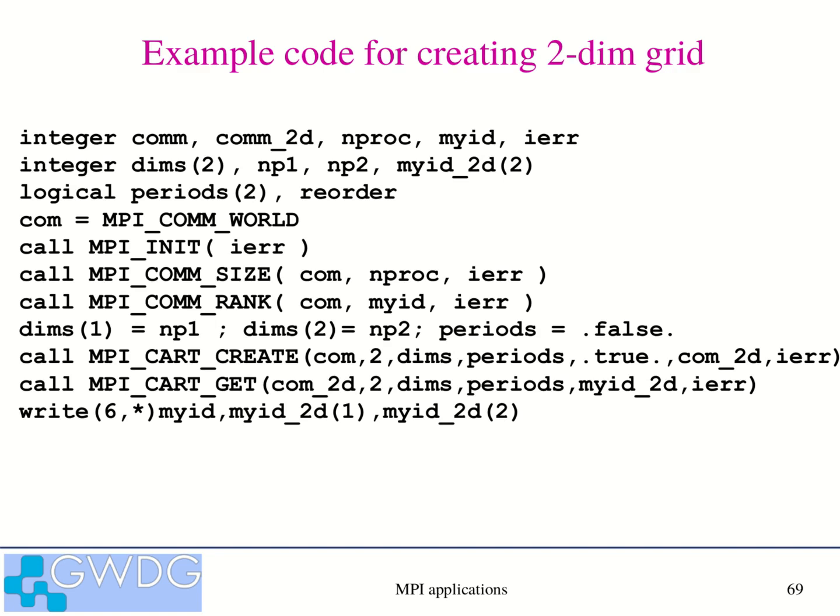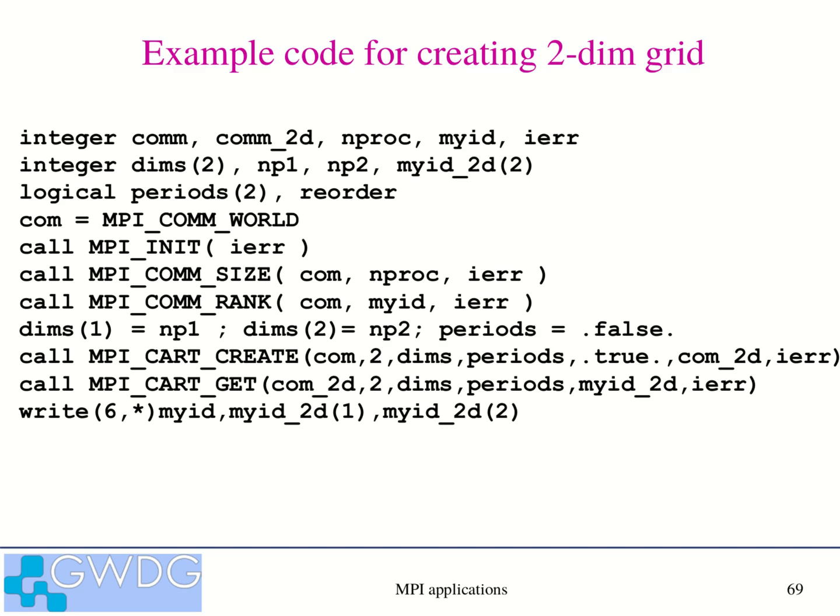And then you initialize your MPI with MPI_Init, and you inquire the size of the original communicator, how many processes, and the process ID in the original linear setup of the processes. Then you have to specify the value of the two dimensions, and you specify the periods, which I put here equal to false, so the grid will not be periodic.